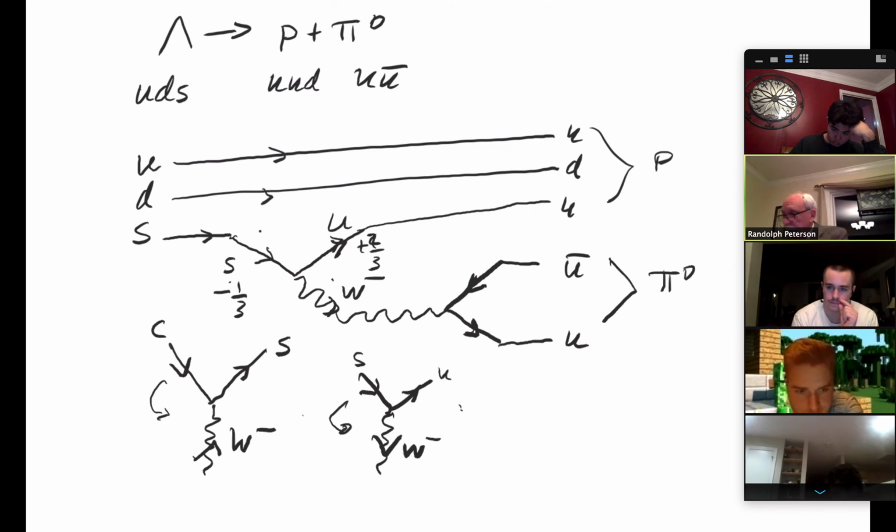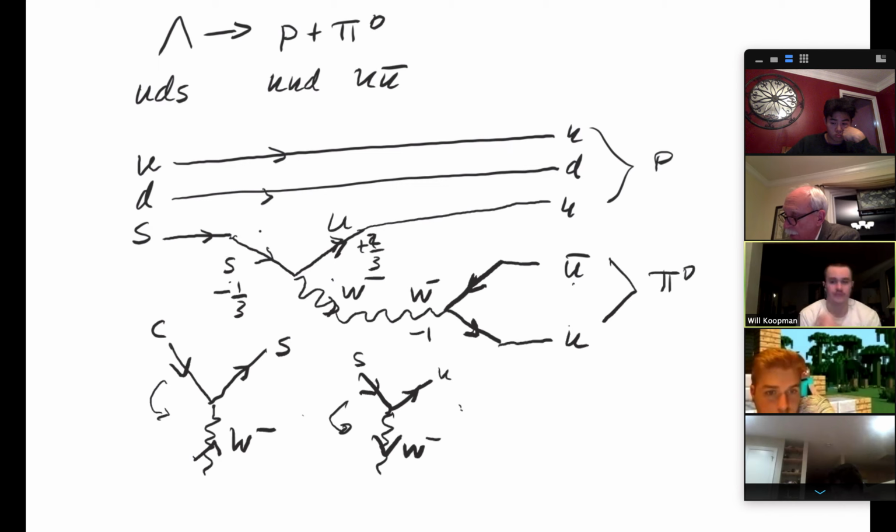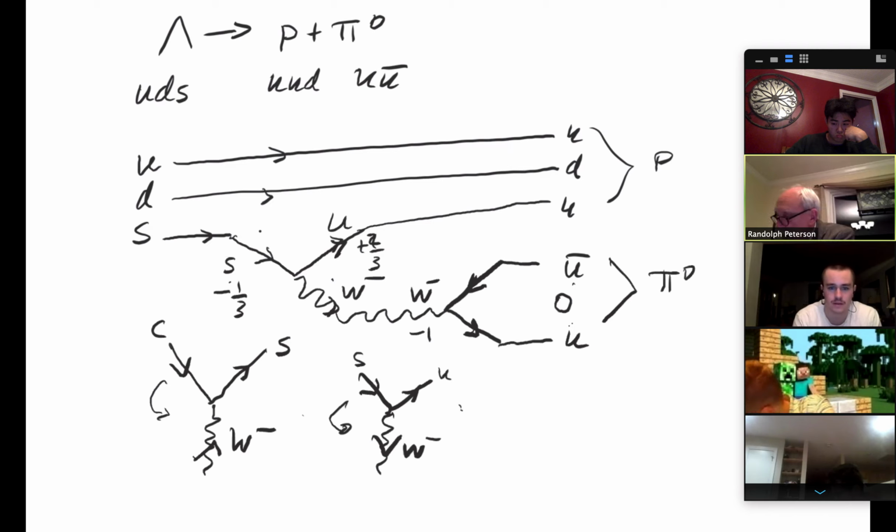So this is a W minus. Let's check it and make sure we haven't made a mistake here. So W minus comes in with -1 charge. What's the charge? Well, this won't work, will it? It won't work because these are... Yeah, that's what I was kind of confused by. So we're not done yet.